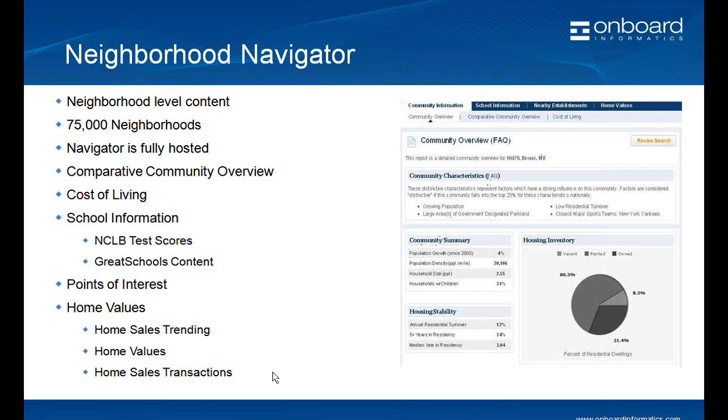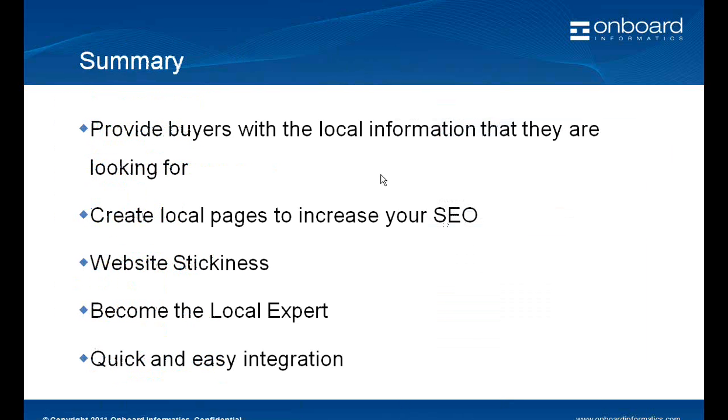And this is all information that you could have on your site too, all at the neighborhood level. So whether it's in a hosted application like the Neighborhood Navigator, or in a custom solution on your site, this is all great information to have. Consumers and home buyers want to search by this, so it's definitely something to think about.